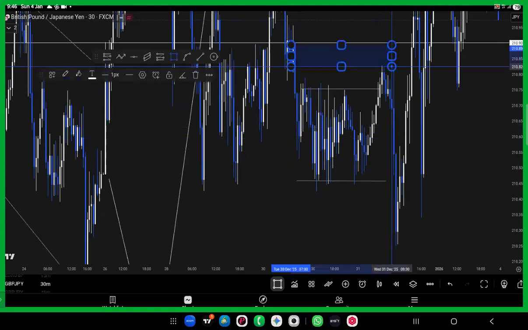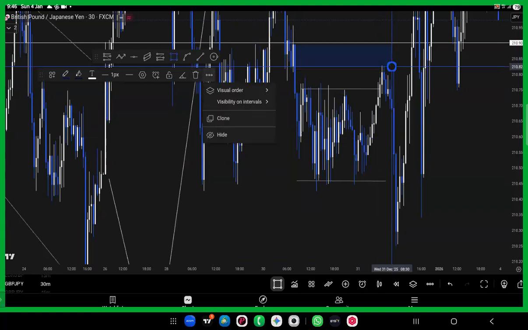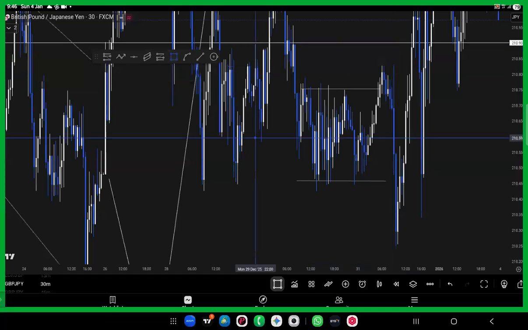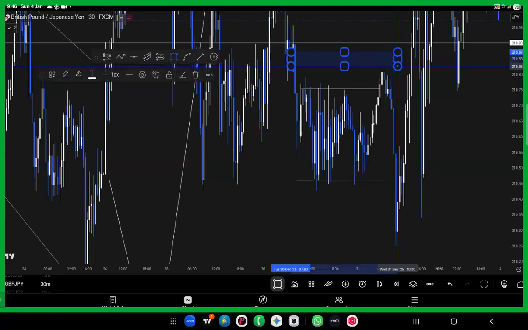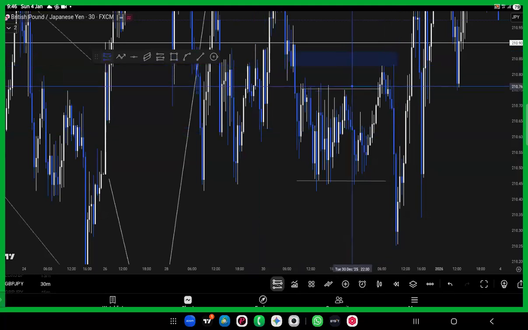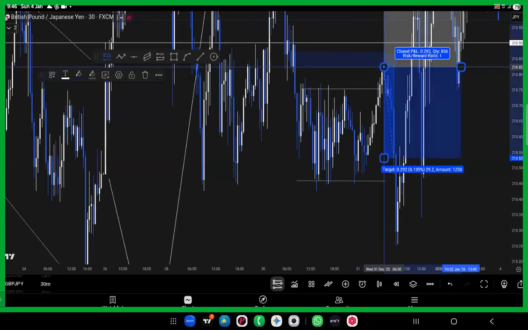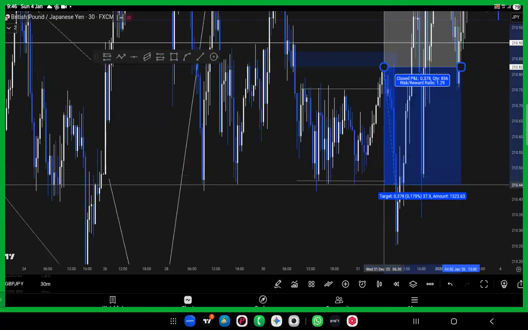Or rather, let me use an advanced breaker block. Up till now, I swear, I still don't know how this trade escaped me.